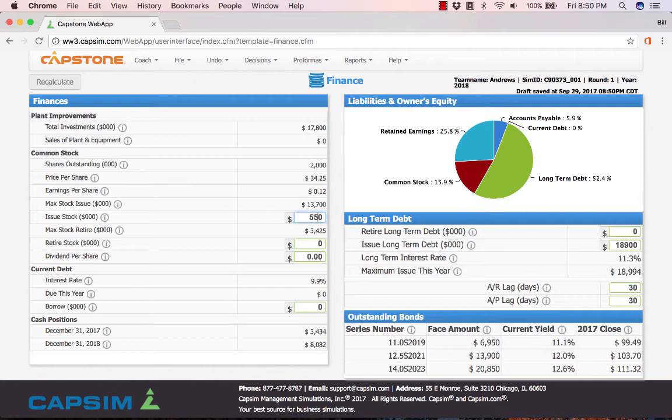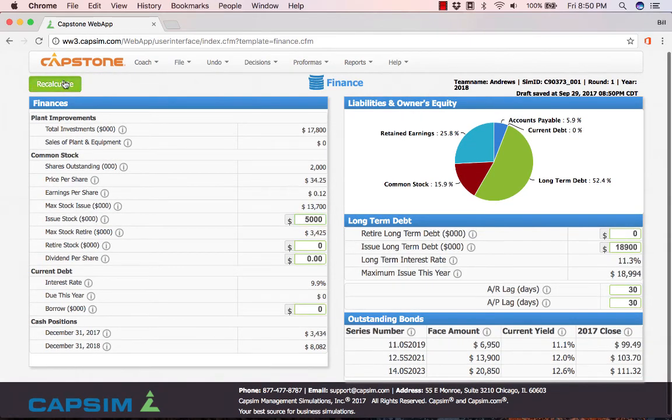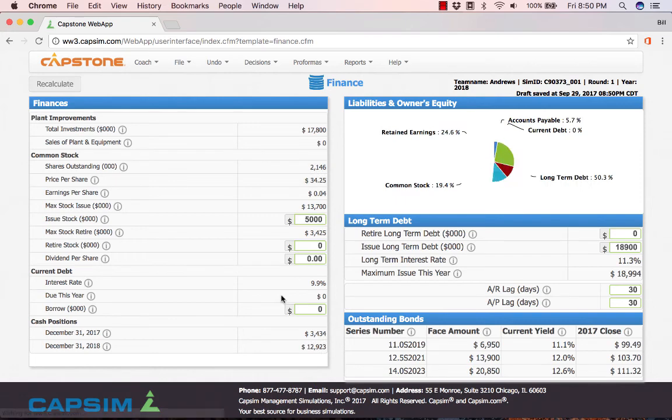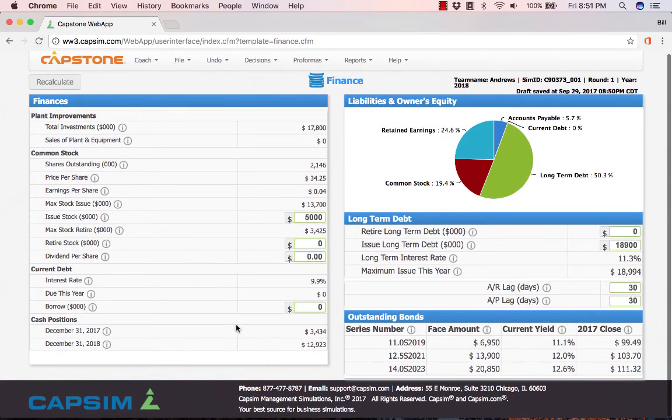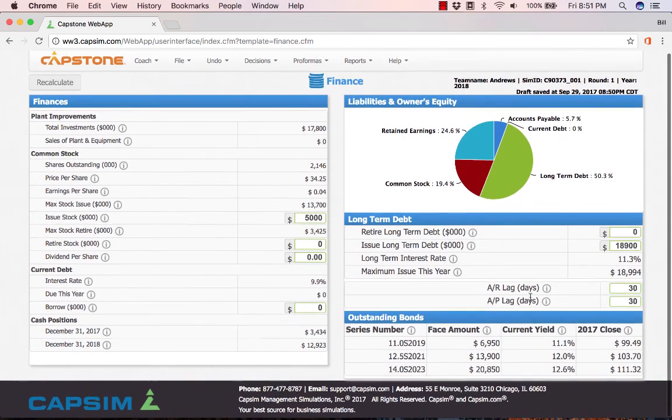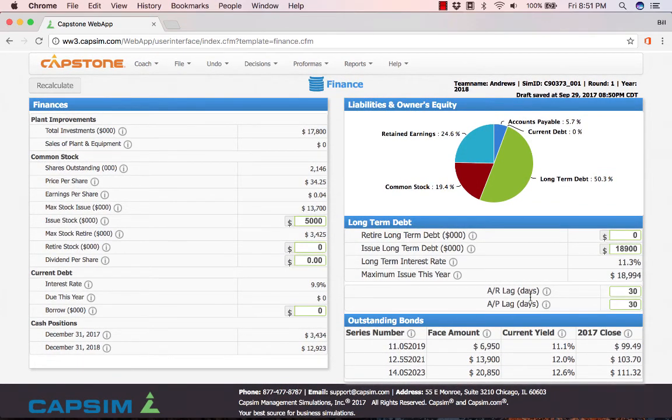So 5,000 shares of stock. I'm going to hit recalculate. Okay, I like that. According to this, it's showing me 12,923,000. That should be enough to handle any unforeseen issues that I may come into contact with. So I like that pretty well.